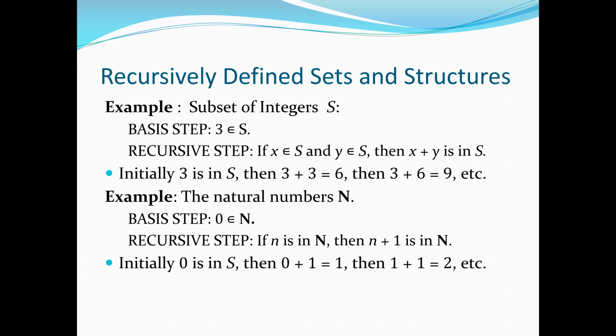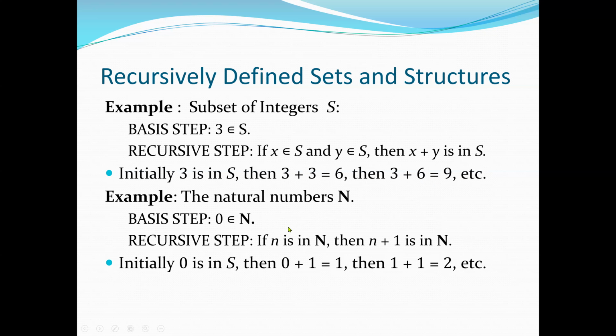If we have two terms, let's say 2 belongs to the set S and 3 belongs to the set S, then we are saying that 2 plus 3, which is 5, should also be in set S. So here, initially 3 is in the set S. If that is the case, we get 3 plus 3 equal to 6, then 3 plus 6 equal to 9. So we are adding 3 to the previous values.